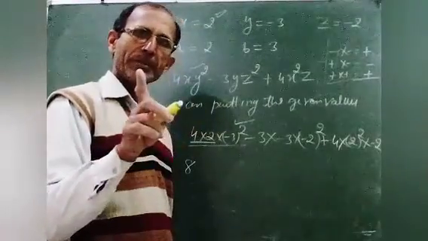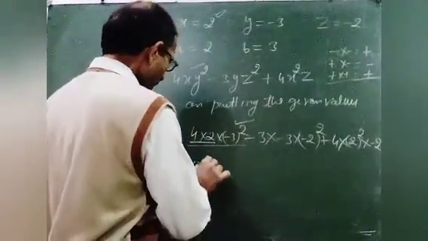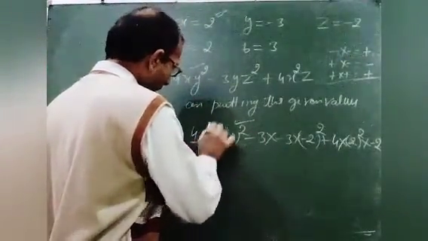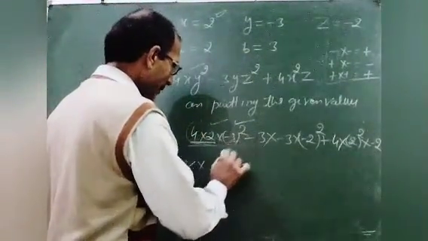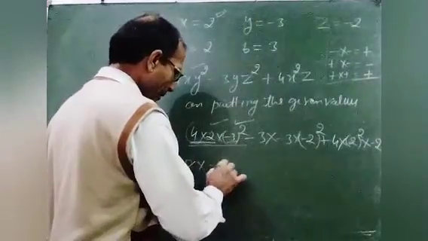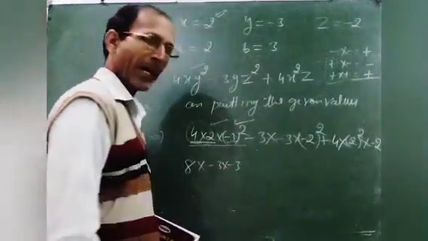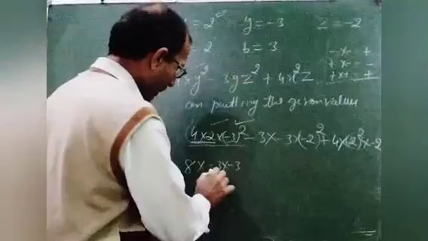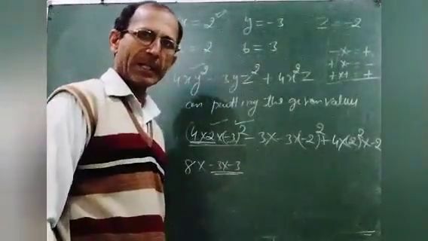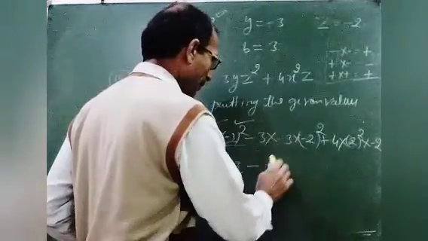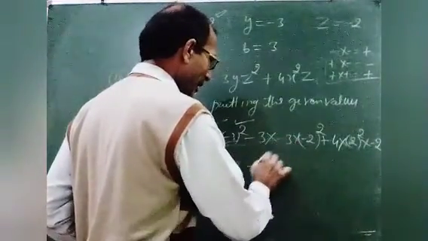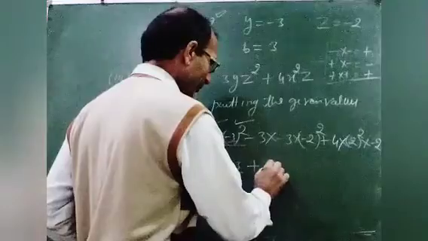Minus 3 times minus 3 becomes 9. I have already multiplied 4 with 2, so 8. I am writing again so you will not be confused: minus 3 multiplied by minus 3 becomes 9.